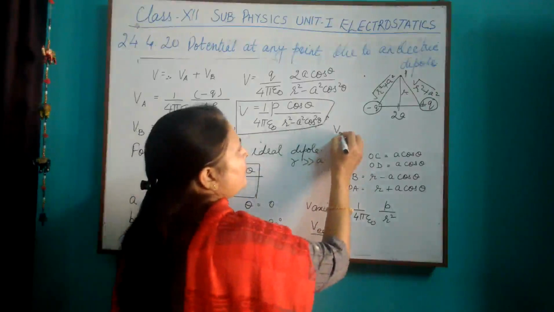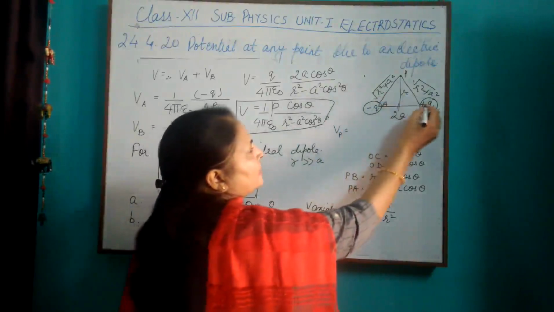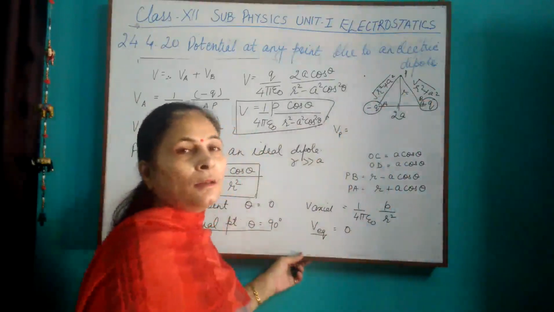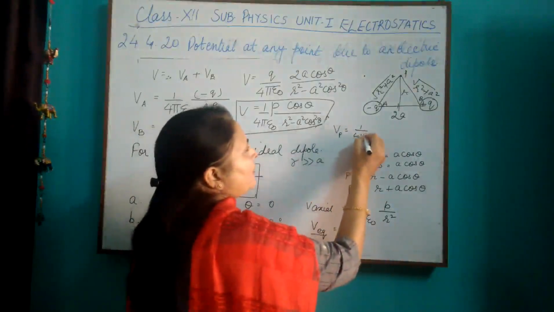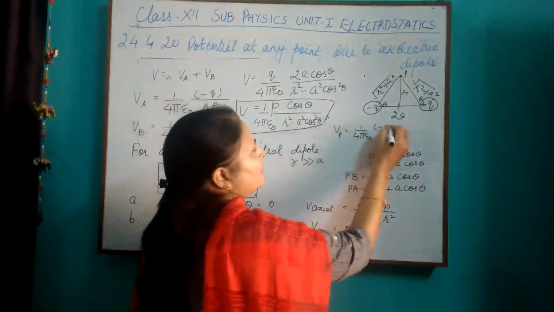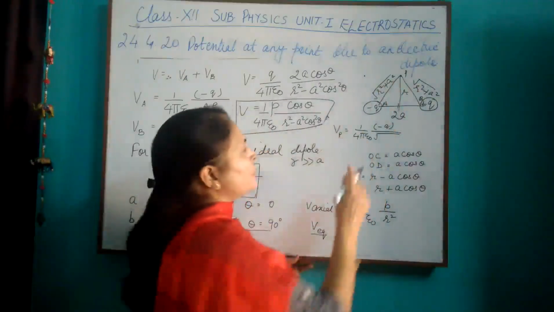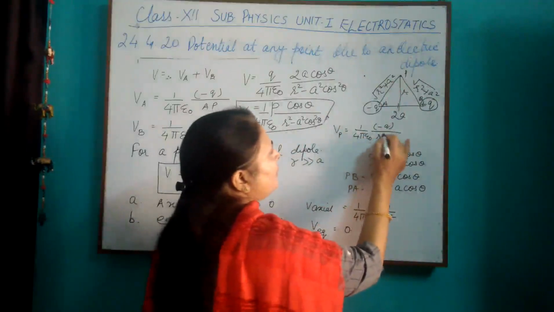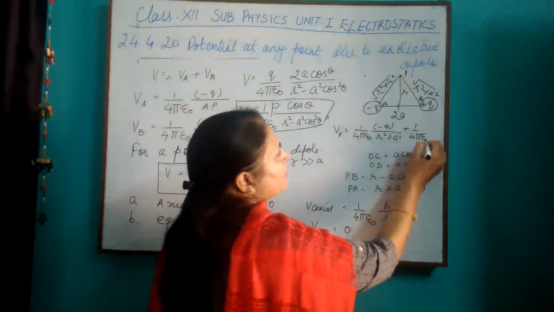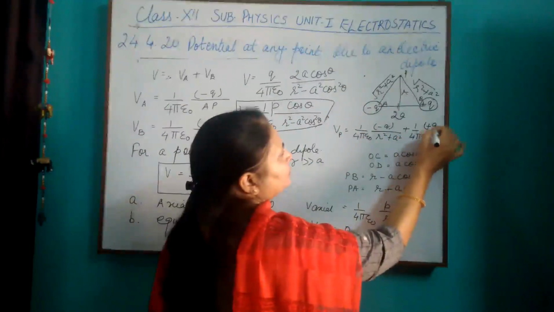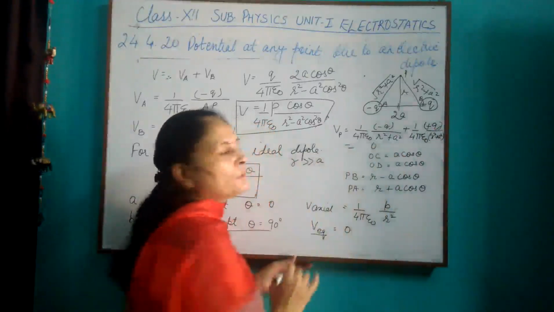So potential at point P will be again because of potential due to charge at point A and because of point B. So it will be simply 1 upon 4 pi epsilon naught minus q upon under root r square plus a square, whole square, so this will vanish, r square plus a square, plus 1 upon 4 pi epsilon naught plus q upon r square plus a square. This is going to give you now 0.